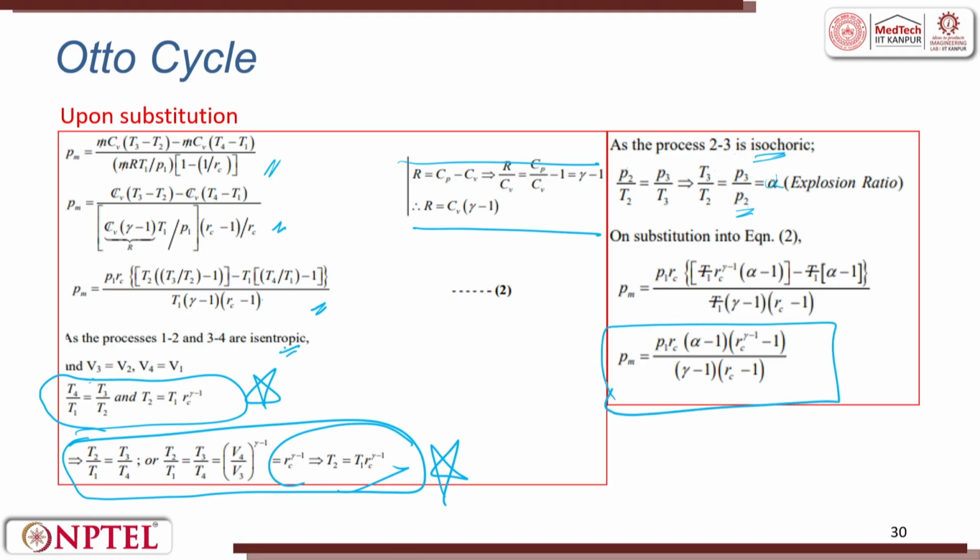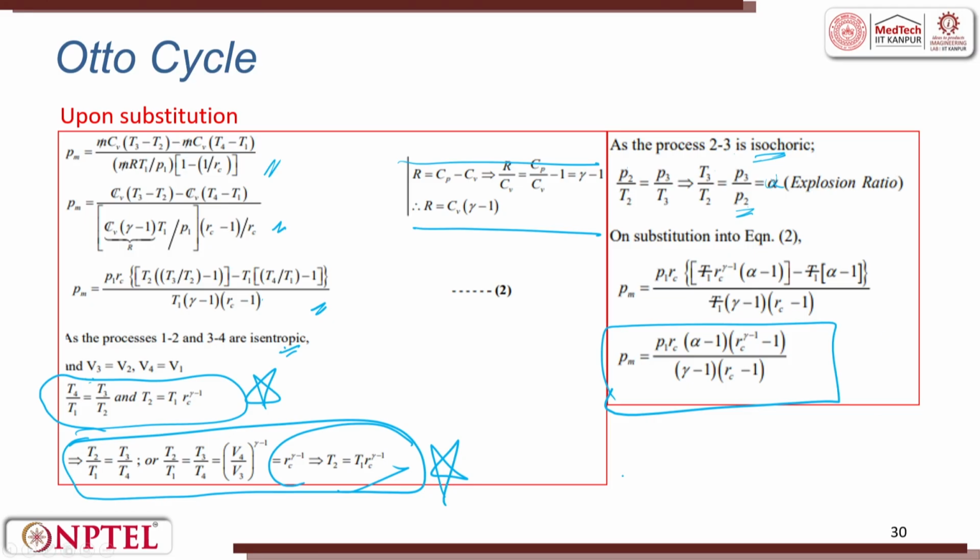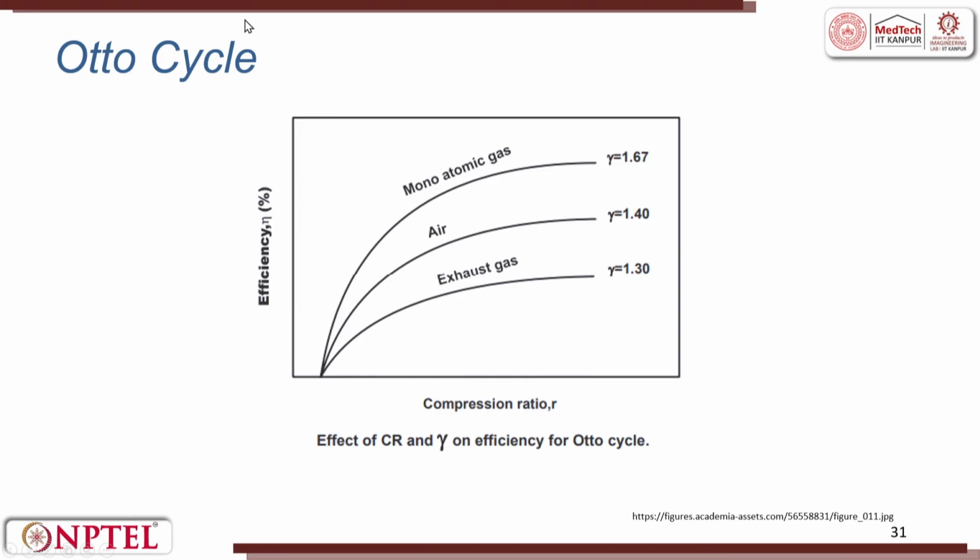Finally, Pm, the mean effective pressure for an Otto cycle, can be obtained by this formula. When we plot efficiency against compression ratio, you can see that for air gamma is equal to 1.4.